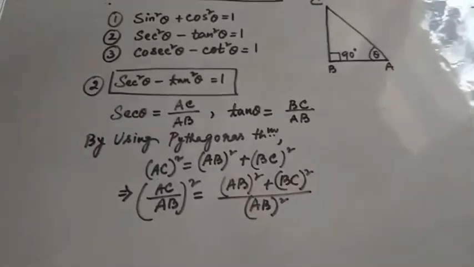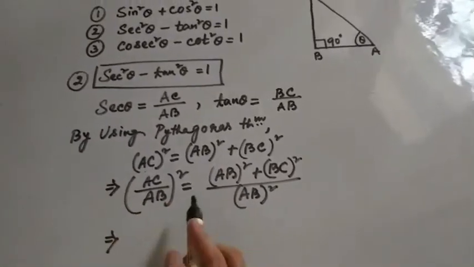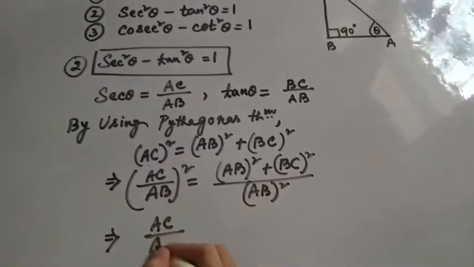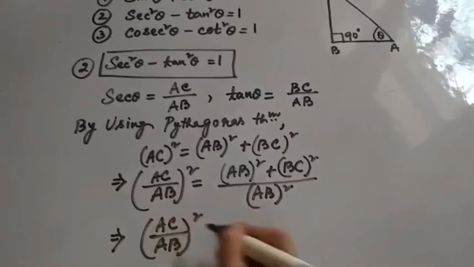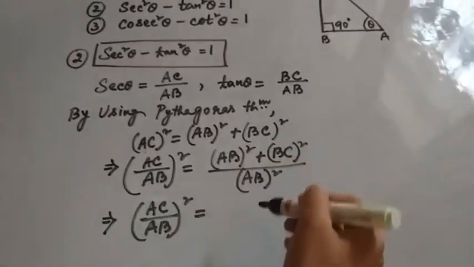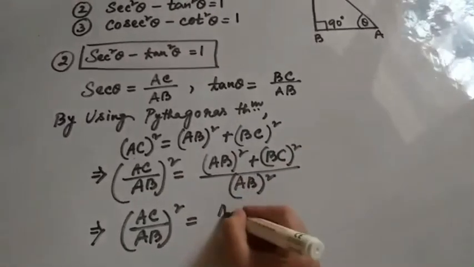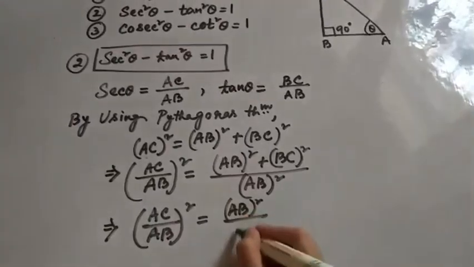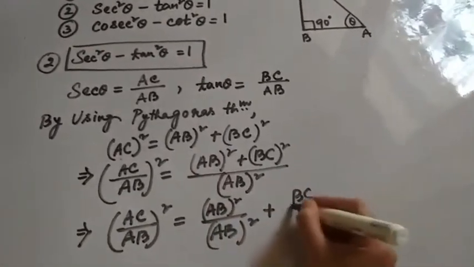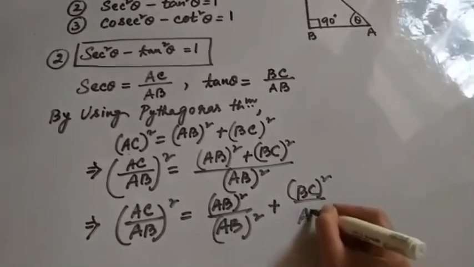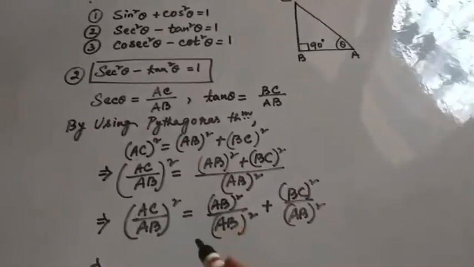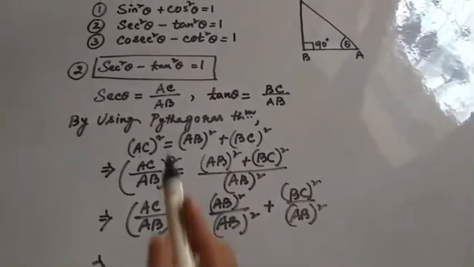Now what is the value? Now I am not putting the value yet. AC by AB square, I am just breaking it. AB square by AB square we can write, plus BC square by AB square, right? So what is the value of AC by AB? Sec theta.